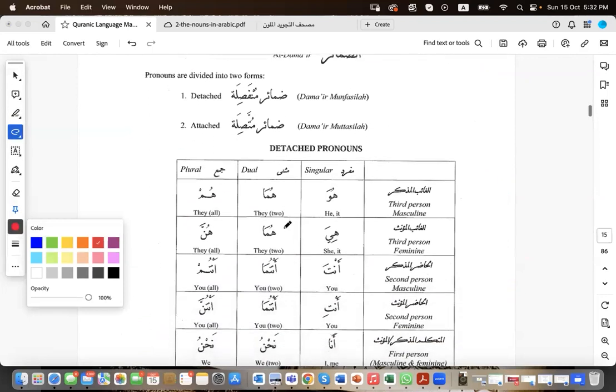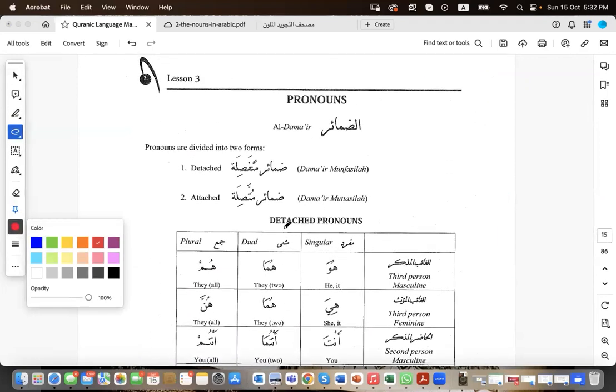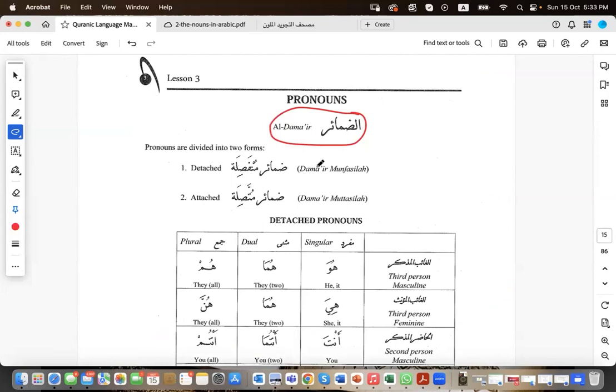Now, if we move on to have a look at الضمائر, pronouns in Arabic. In Arabic, there are 2 big categories: we have الضمائر المنفصلة, that is detached, which means that they are written as a separate word, and we have الضمائر المتصلة, attached, which means that they are attached to the word.